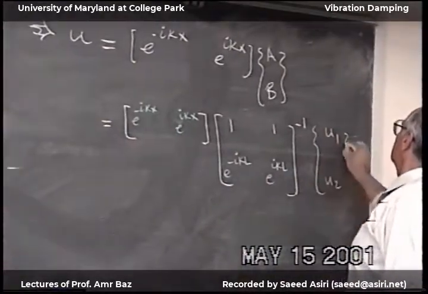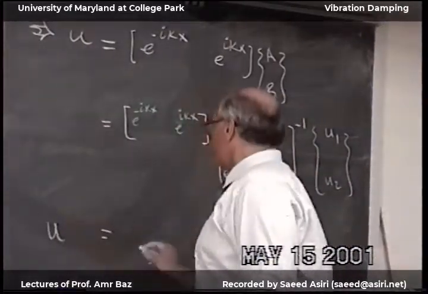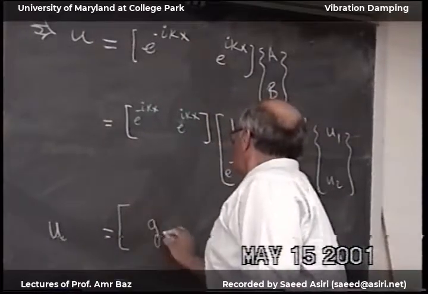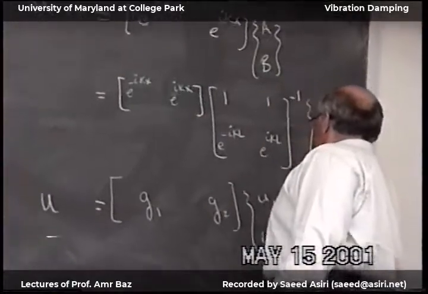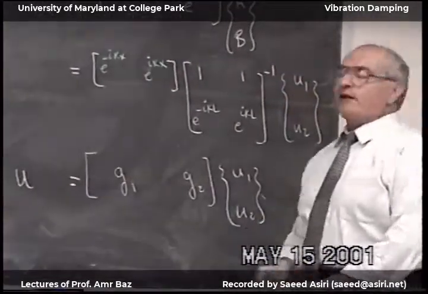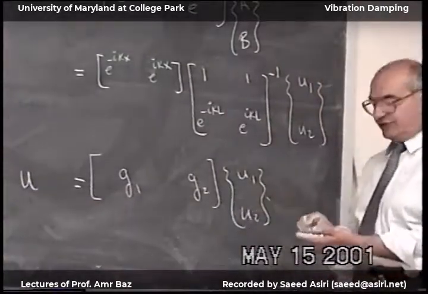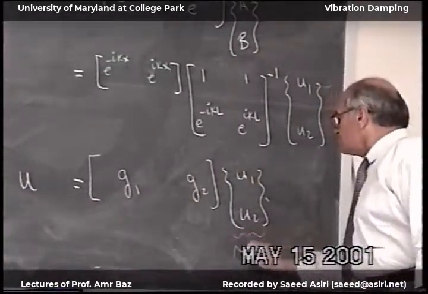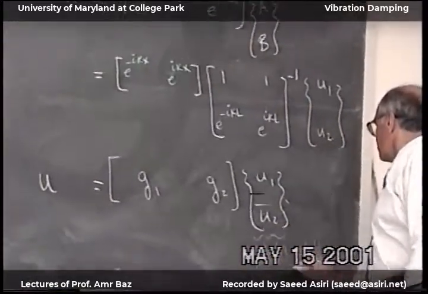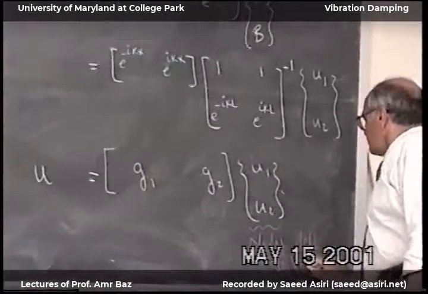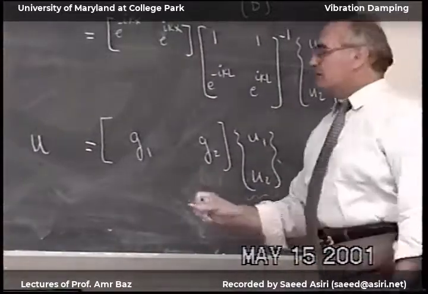So the result is, I can write down the deflection at any point in terms of the nodal deflection vector. And these two are the interpolating functions that we need.